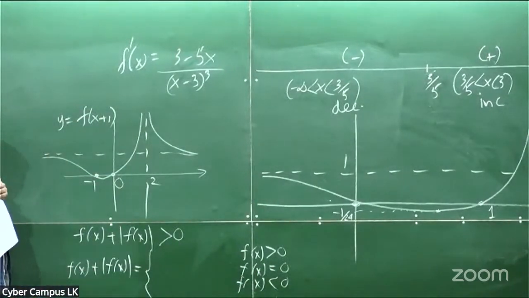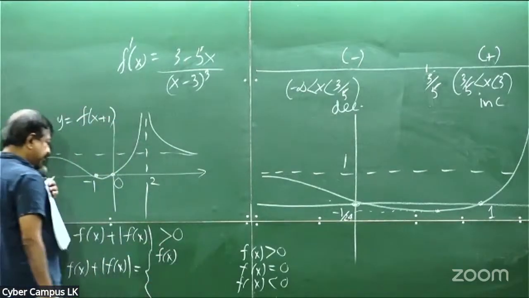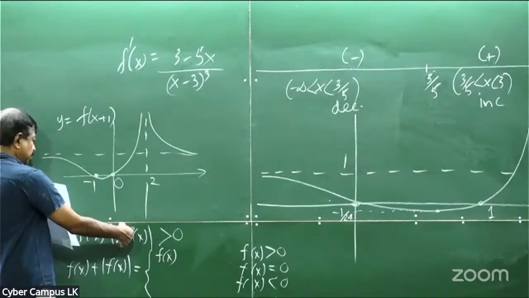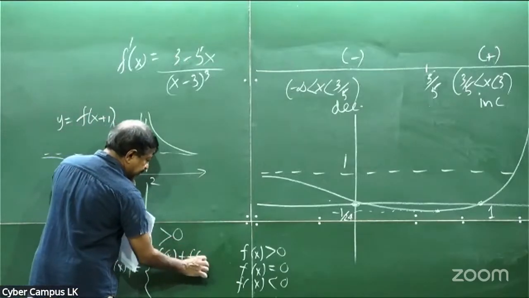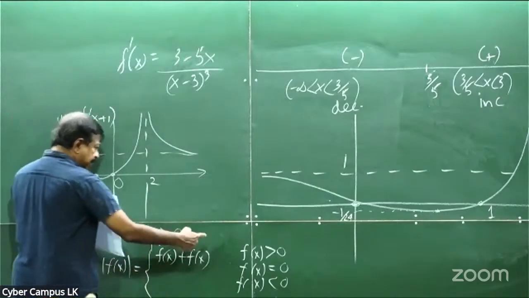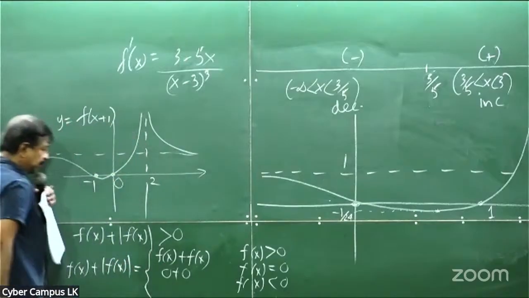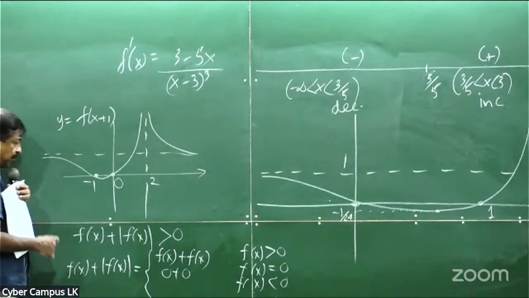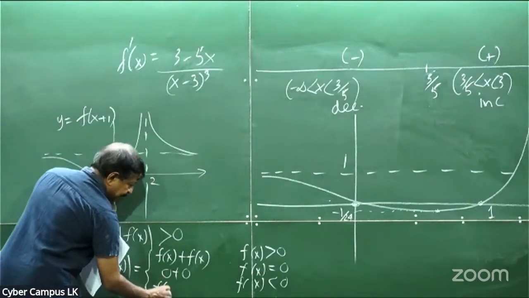When f(x) is greater than 0, f(x) is just f(x). Now, mod f(x), when f(x) is greater than 0, is just f(x). So it will be 2f(x). When f(x) is 0, this is 0, this is 0, so it is just 0. When f(x) is negative, f(x) is still f(x).